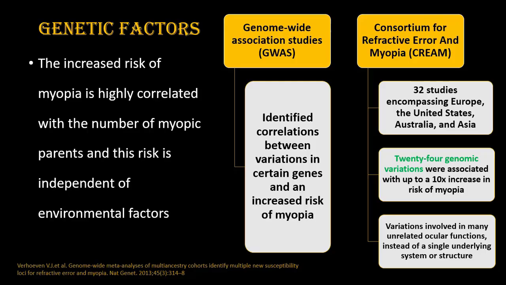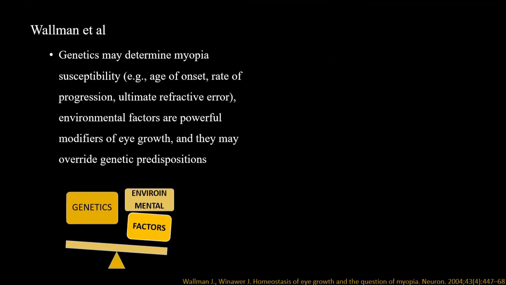The variations were involved in many unrelated ocular functions instead of a single underlying system or structure. According to Verhoeven et al., genetics may determine myopia susceptibility, such as age of onset, rate of progression, and ultimate refractive error, but environmental factors are powerful modifiers of eye growth and they may override genetic predispositions.